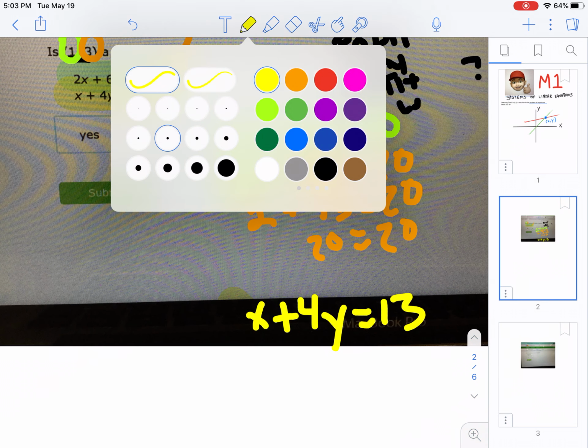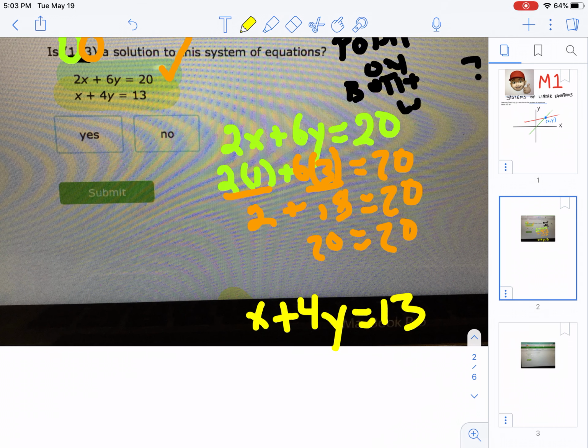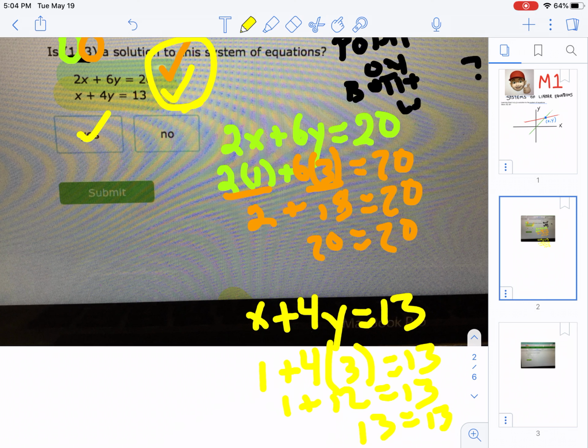All right, we have to take the x value, which we know is 1, plus 4 times the y value, which is 3, equals 13. 1 plus 12 equals 13. 13 equals 13. So since that statement is true, we know that the point also lies on the line x plus 4y equals 13. And if the point's on both lines, then we can say, yes, it solves the system of equations.